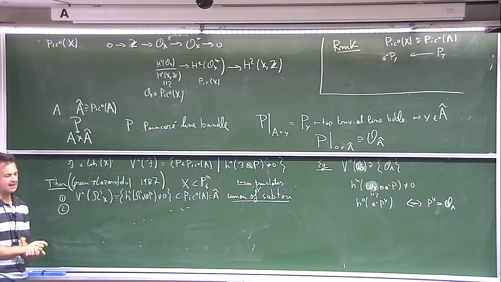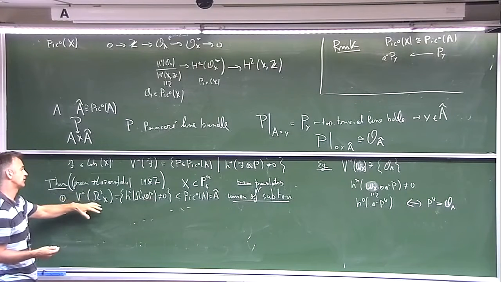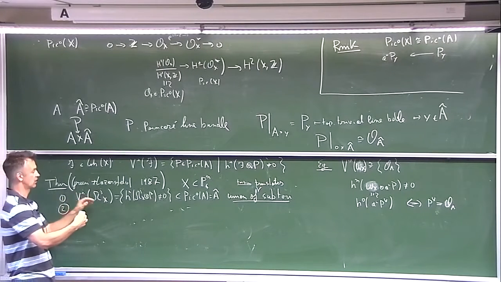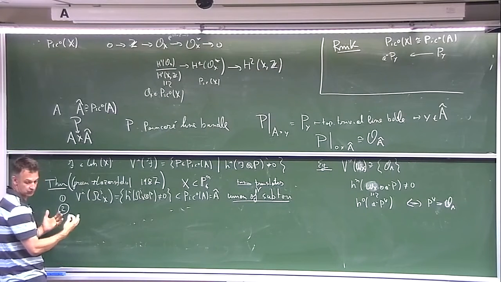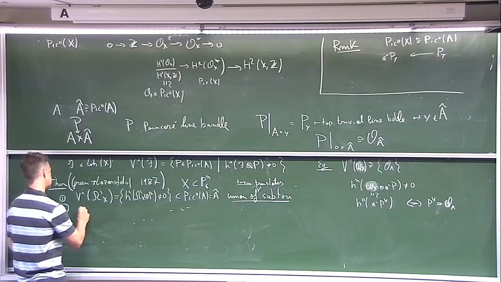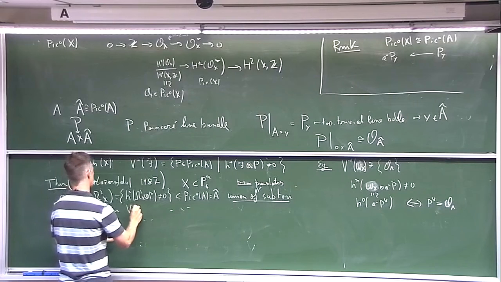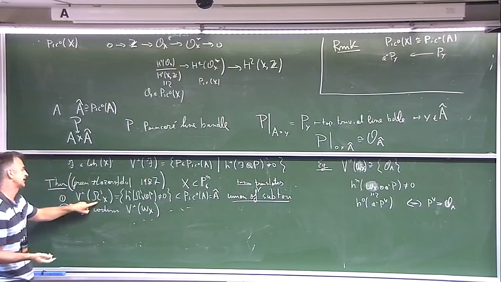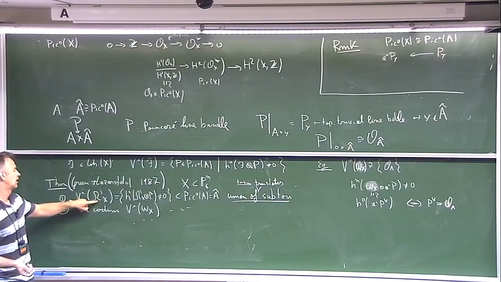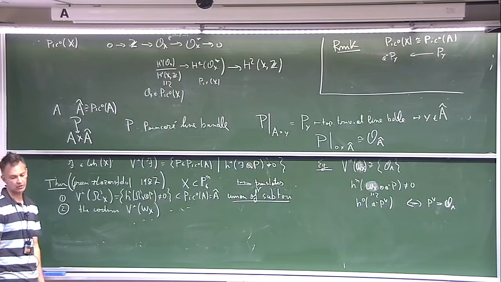Okay, and the second statement, so this is nothing about generic vanishing. It's just a statement about the structure of these loci. The second statement is what we call generic vanishing. So it's the codimension. So now I'm just going to look at V^i of omega_X. So instead of taking any holomorphic j-forms, I'm thinking of the top level, the canonical line bundle.